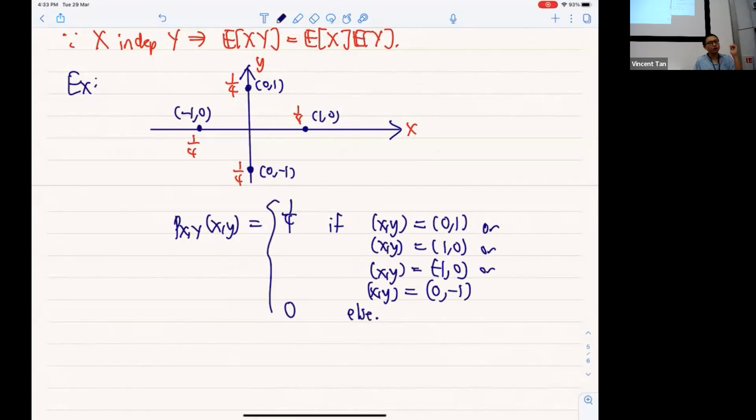So these are the only 4 choices. Now, let us evaluate the covariance of X and Y, and let's justify that this is equal to 0. Now, this is very ugly.